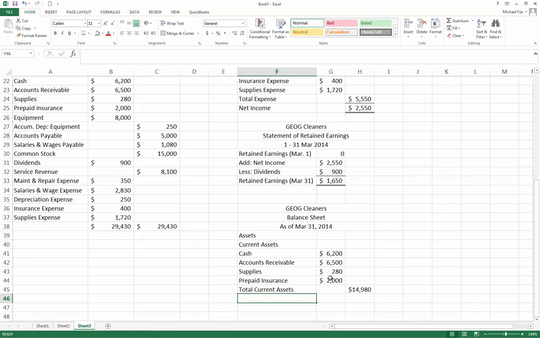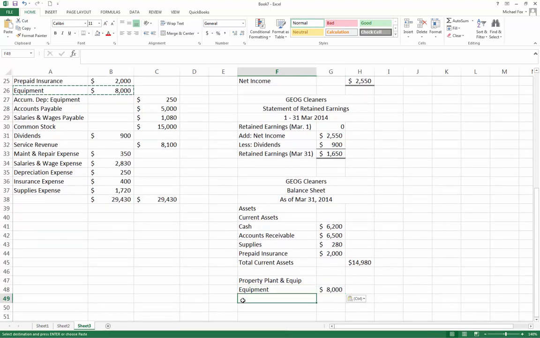Then we'll do our property, plant, and equipment. And that's going to include our equipment. And it's going to be less accumulated depreciation. Which we had right here.